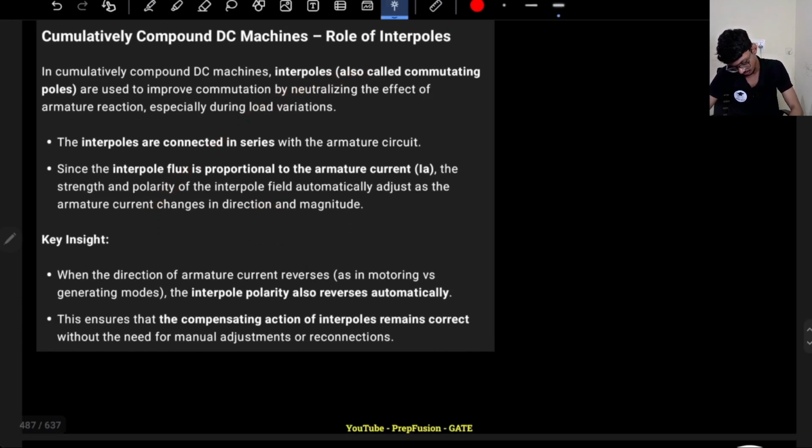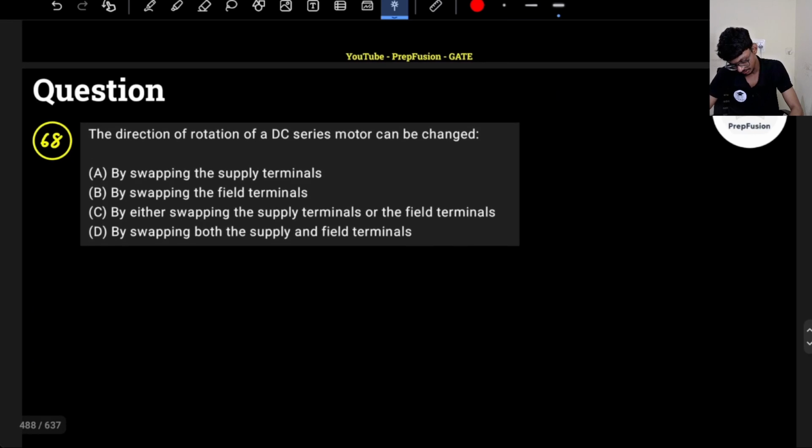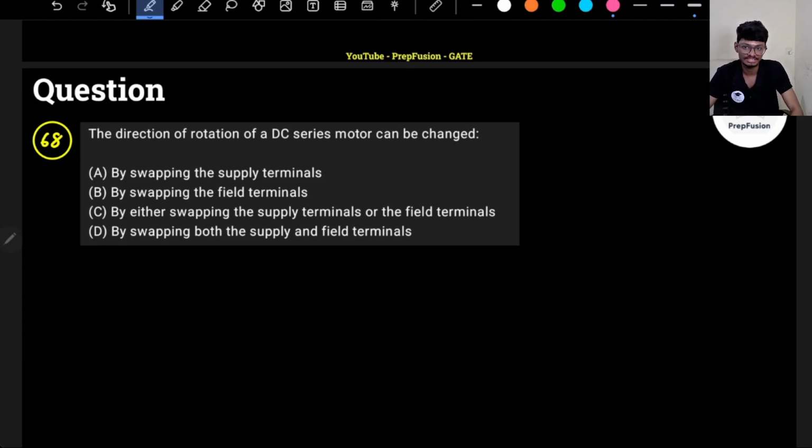Okay, now let's do the next question. The direction of rotation of a DC series motor can be changed by doing what? So if you remember, how can I change the direction of rotation of a DC series motor? For that, I will need to write the equation of torque, because if torque is positive, it will rotate clockwise, if I assume positive to be clockwise, and if it is negative, it will rotate anti-clockwise.